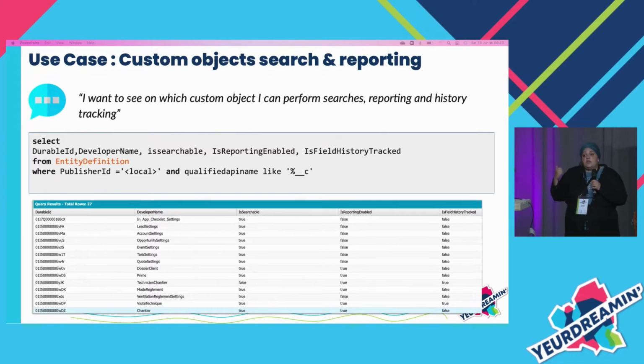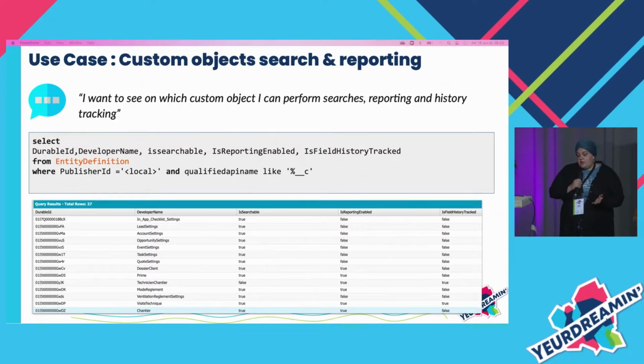This is a way to get all the objects at one time and to check which one is searchable, and on which one you are able to run reports. If you try to do that manually, you will go through all the objects, click edit on the object because you don't see it on the screen, and then check if the options are checked or not. So a quicker way to do that.